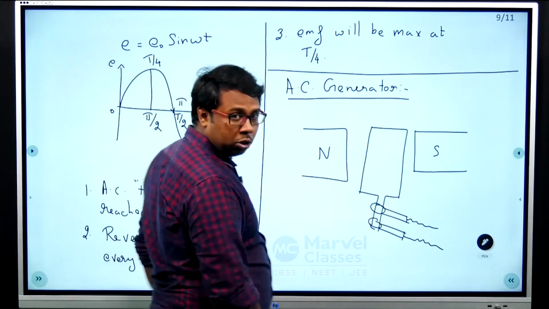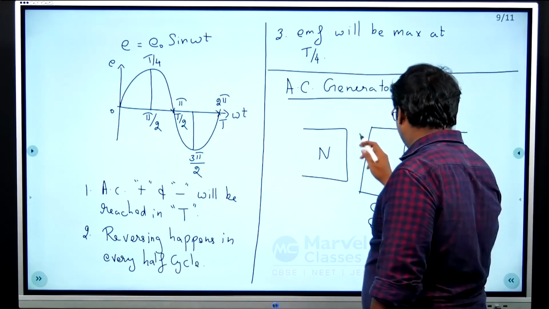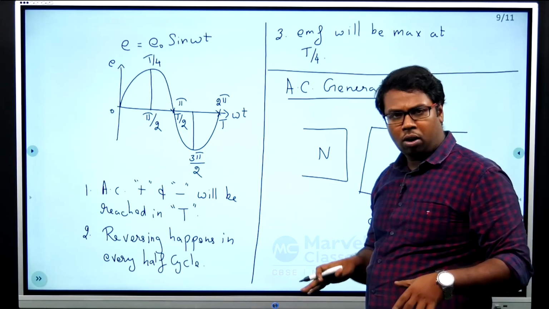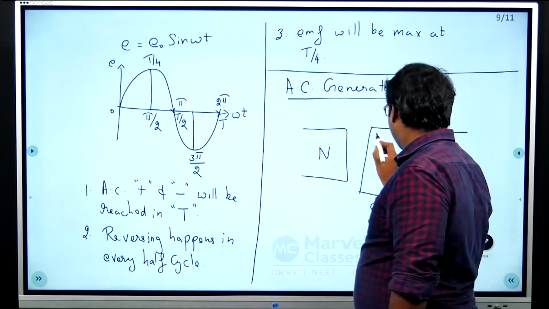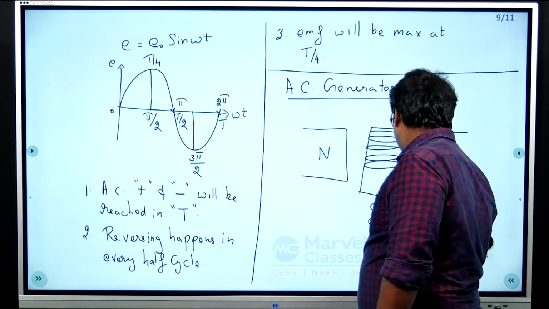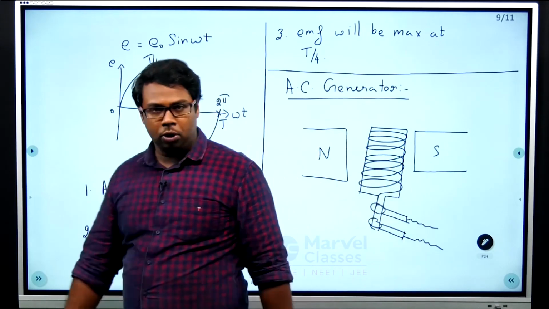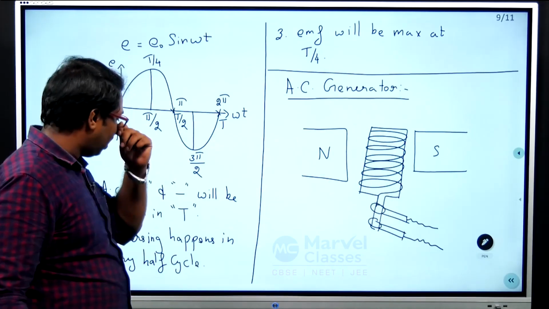What is an armature coil, by the way? An armature coil is nothing but a flat plane of a metallic material on which you keep winding multiple coils like this. This is called an armature coil.